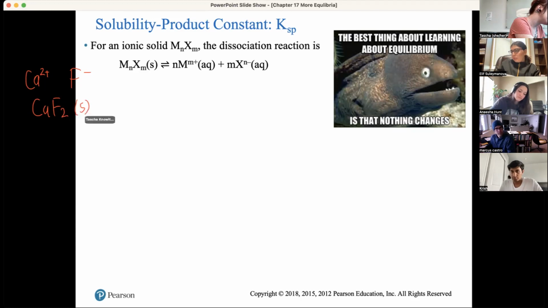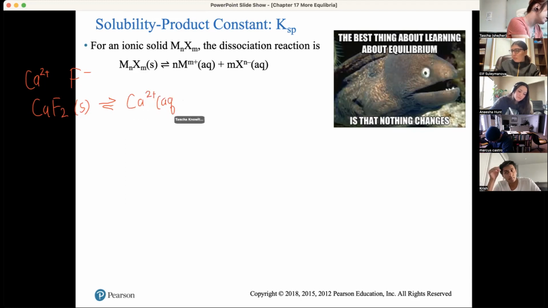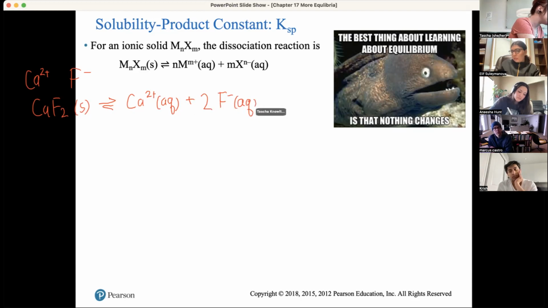So then when I break it into ions, again, you said I had 1 calcium. And it would be the ion, so it'd be dissolved. And I had 2 fluorides. So you take however many is your subscript, and that's what goes out front. And then our charge is just whatever the charge happened to be.